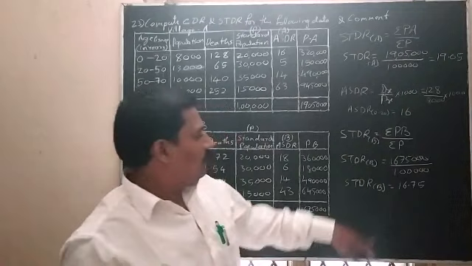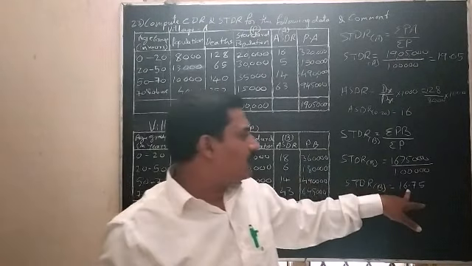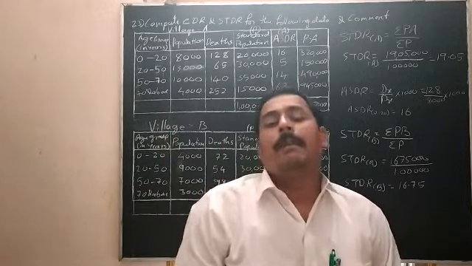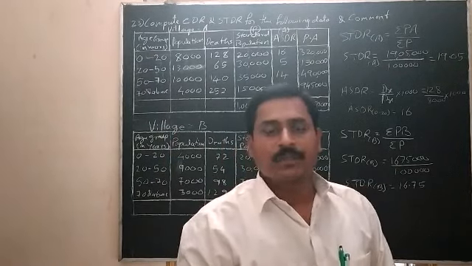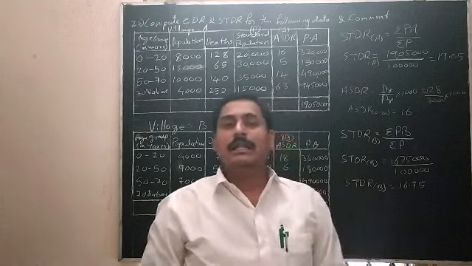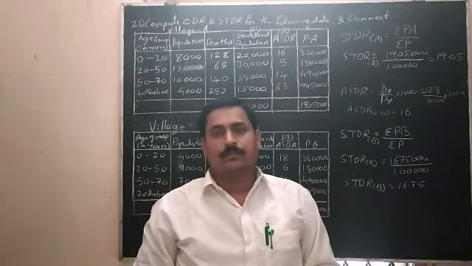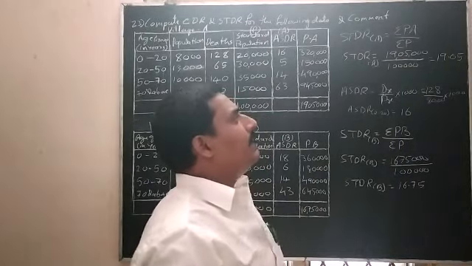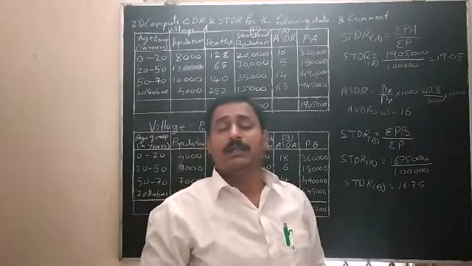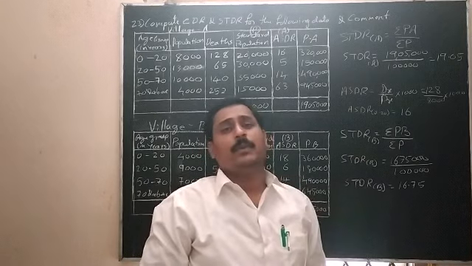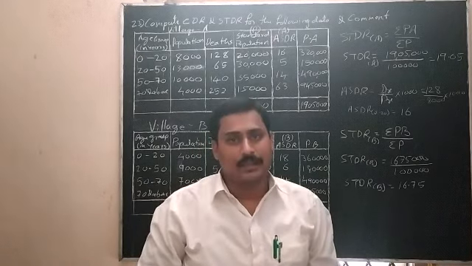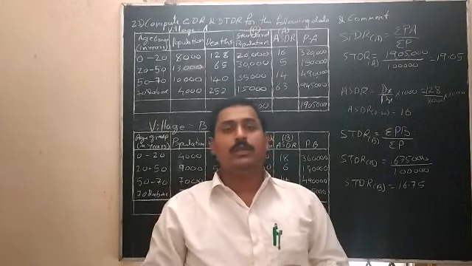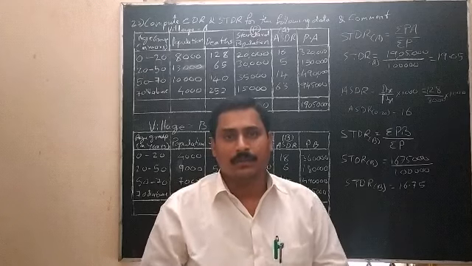Now based on these two STDRs we can compare and comment. Here STDR for location B is less, 16.75. That indicates per 1000 population 16.75 people will die. For location A, 19.05 indicates per 1000 population 19.05 persons will die. When it comes to mortality, which location would you say is healthier?